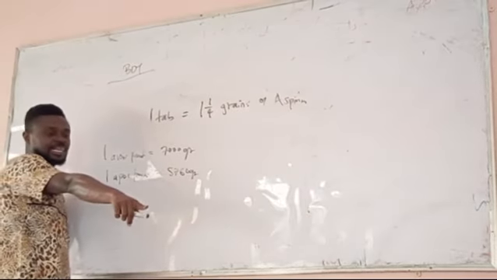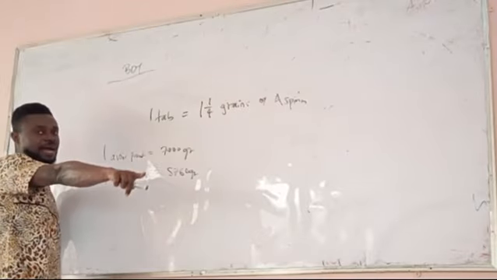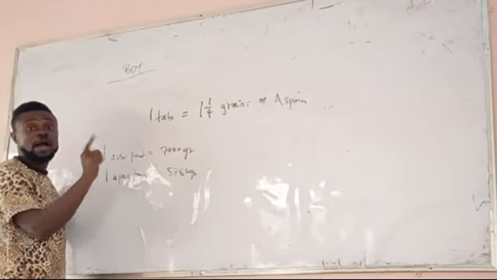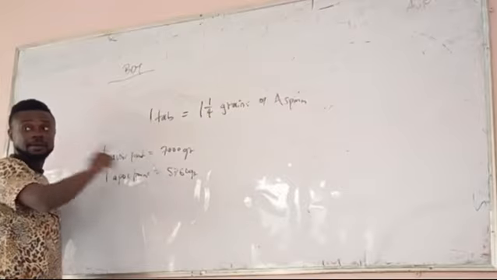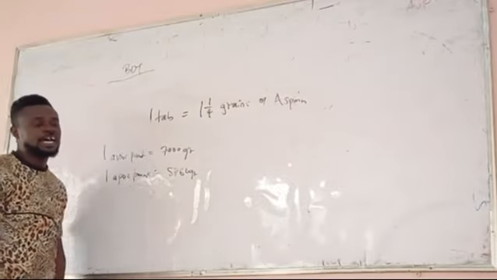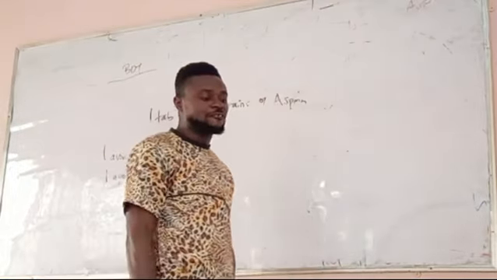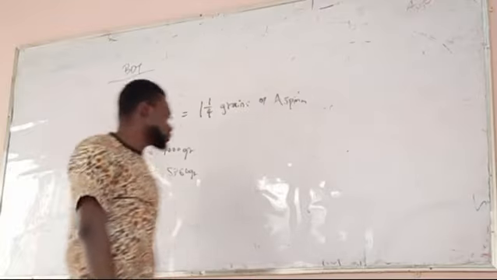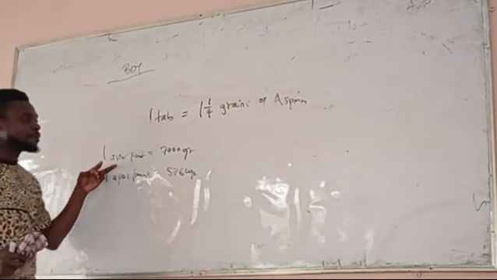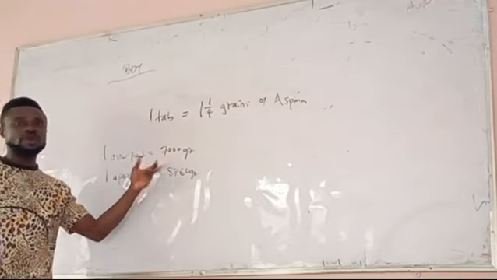They are specific here. They say avoirdupois pound, so we are working with avoirdupois pound, not apothecary pound. The question says how many tablets can be prepared from 1 avoirdupois pound. So 1 avoirdupois pound is 7,000 grains. We are good to go.